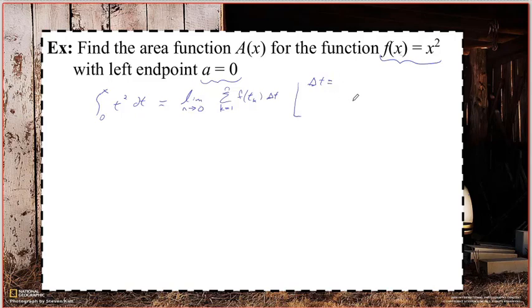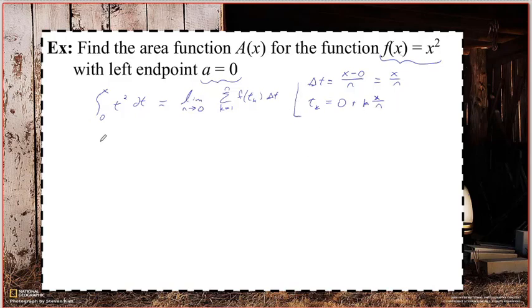So delta t was these two endpoints. In this case, x minus 0 over the number of rectangles that I have. And my t sub k that I'm going to plug in, of course this simplifies to x over n. And my t sub k is the starting point plus, assuming I'm doing the right Riemann sums, k delta x's, or in this case, delta t's.